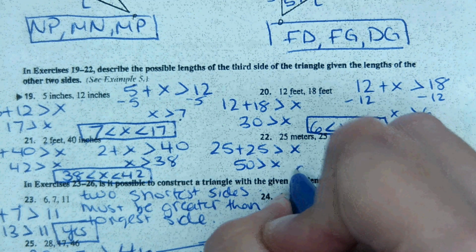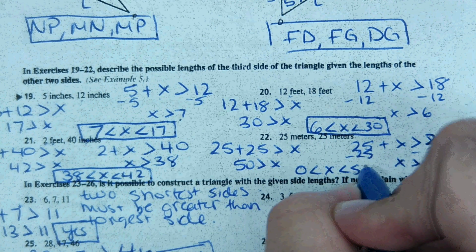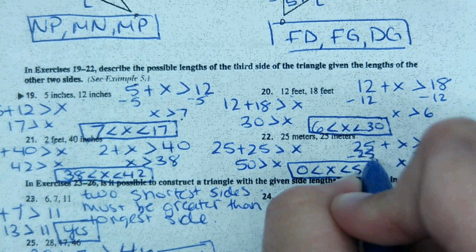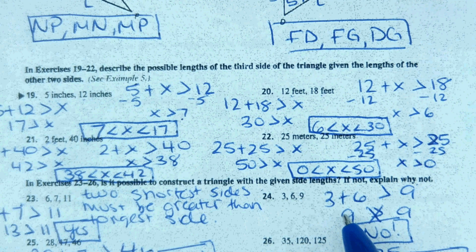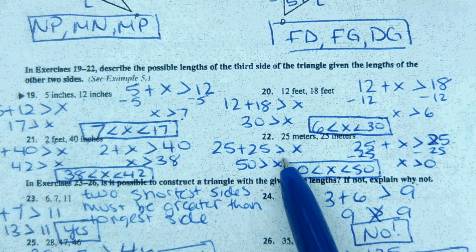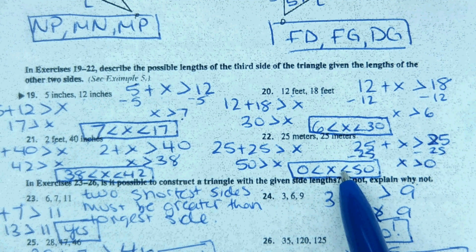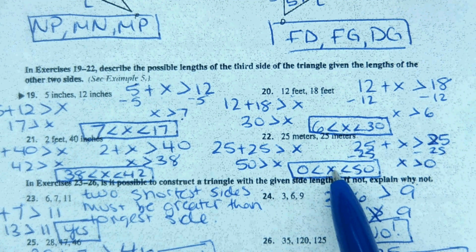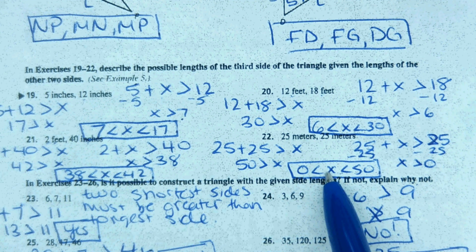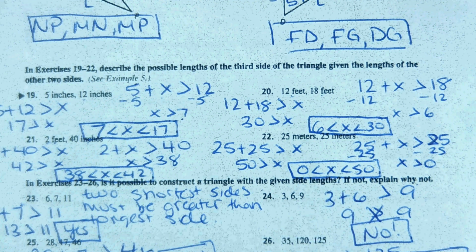Then combining this all. This one looks weird because of the 0. It's like, how could a side of a triangle be 0? It wouldn't be 0, it would be greater than 0, so it could be any fraction, like 1/2 or a decimal, 0.1. It would be greater than 0, not equal to 0.